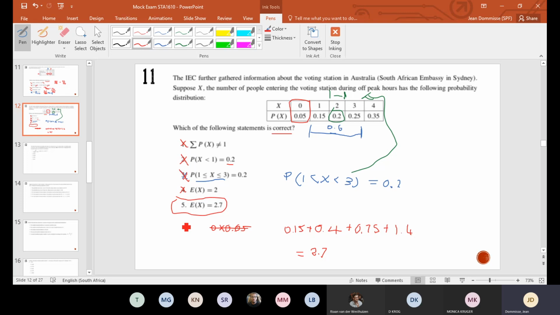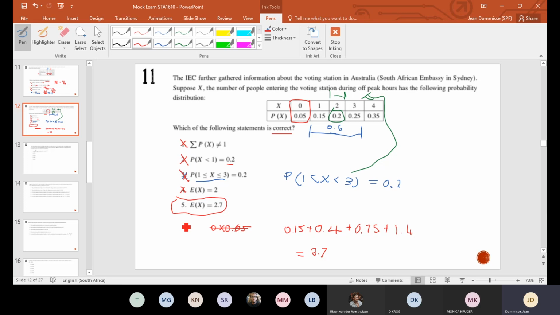Okay, so they could have also included the variance to calculate that. But I think again it makes it longer for you. Adding that as an option, where you need to work it out, adds nearly 3-4 minutes to it.